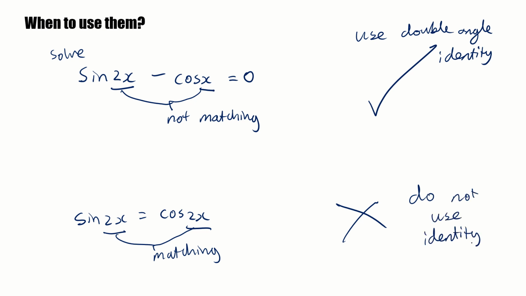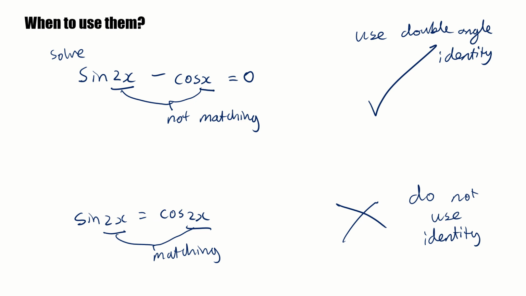We can deal with this equation just by realizing sine 2x over cos 2x is tan 2x. So do be aware of that. Don't unnecessarily, every time you see a 2x, just go, oh right, let's use double angle identities, because sometimes you might be overcomplicating the problem when it can actually be solved without doing that.